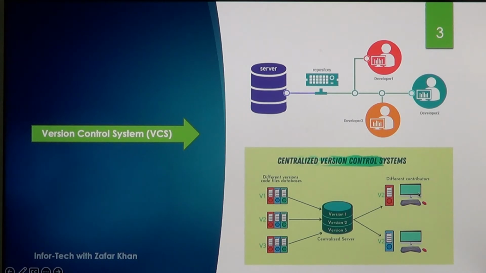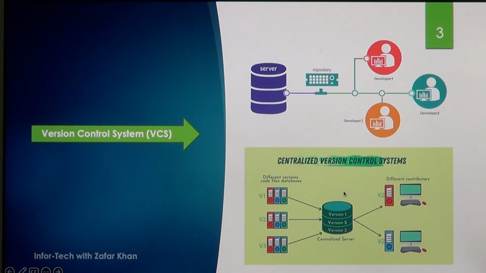The server is the master repository that contains all the versions of the code. To work on any project, firstly the user needs to get the code from the master repository. Then you will get the local copy of the code in your system. Once you have the latest version of the code in your local system, you start making your own changes in the code, and after that you simply need to commit those changes straight to the master repository.